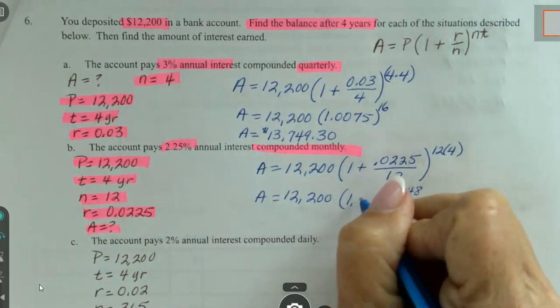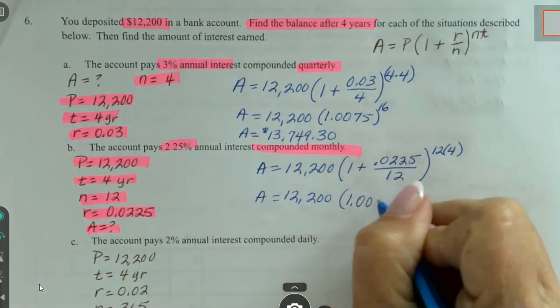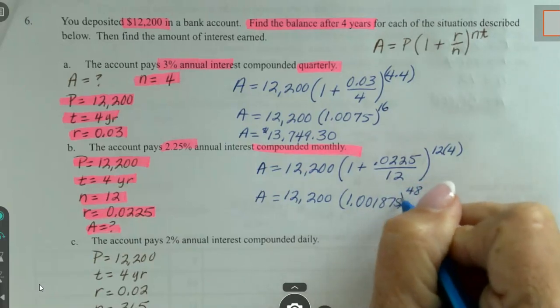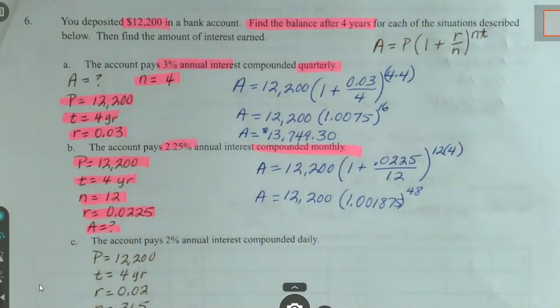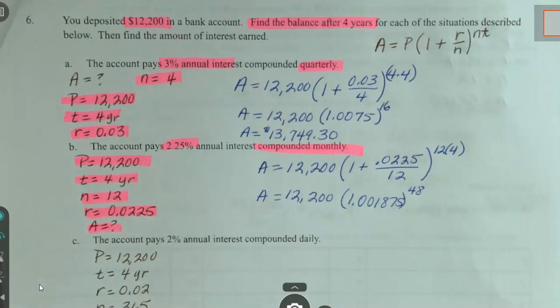So I get 1.001875. Then I'm taking that to the 48th power. And I figured out part of my problem earlier: this calculator, if the number gets too big, will not do it.